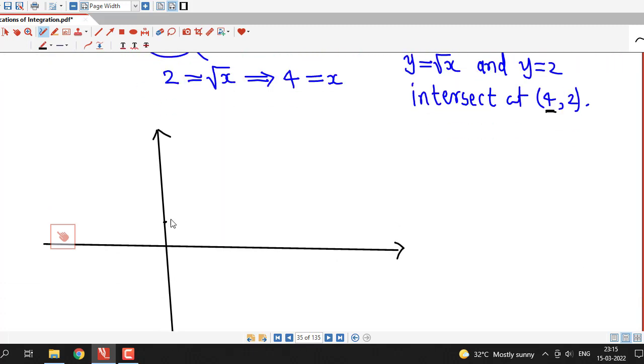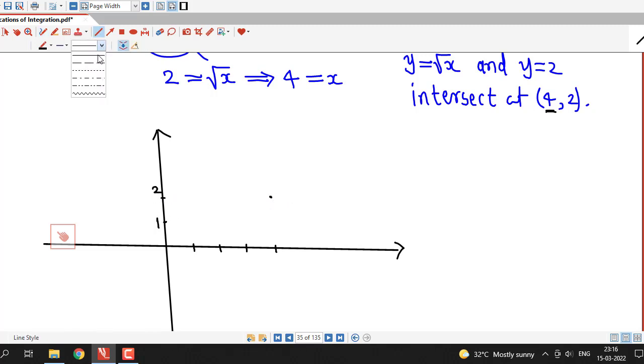So suppose this much distance is 1, then this is 2, and here 1, 2, 3 and 4. So this point is going to be 4, 2. Here we have 1 and this is 2.